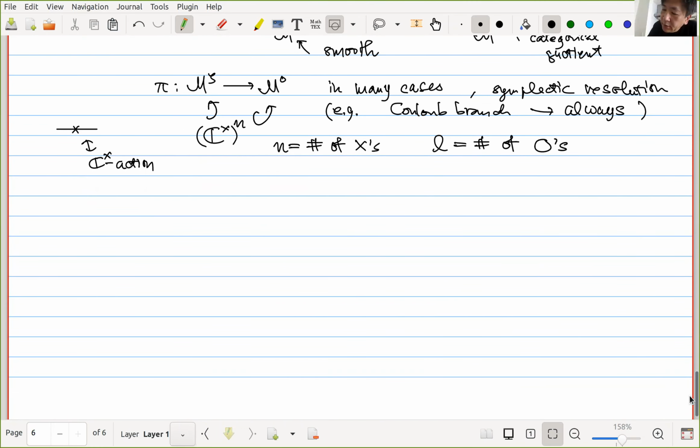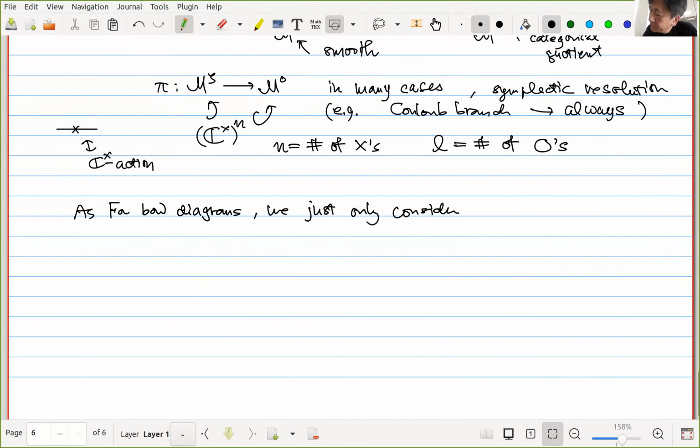And for the Bow diagram, we only consider the case where the circles appear in the upper hemisphere and the crosses appear in the lower hemisphere, like this.